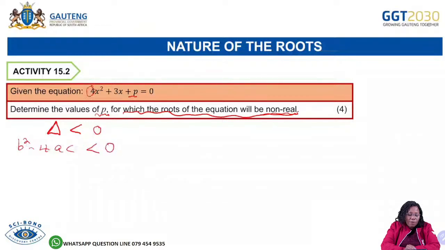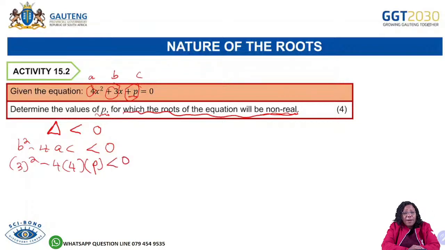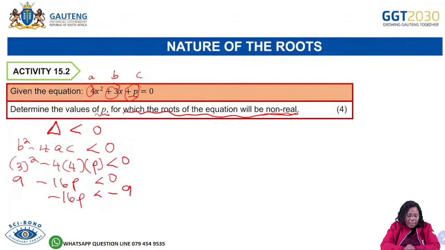Remember, this is the value of a, this is the value of b, and p will be the value of c. So b is 3 squared, minus 4 times a, which is 4, times c, which is p, less than 0. Simplify: 3 squared is 9, minus 4 times 4 is 16p, less than 0. Move the 9 across: minus 16p less than minus 9.